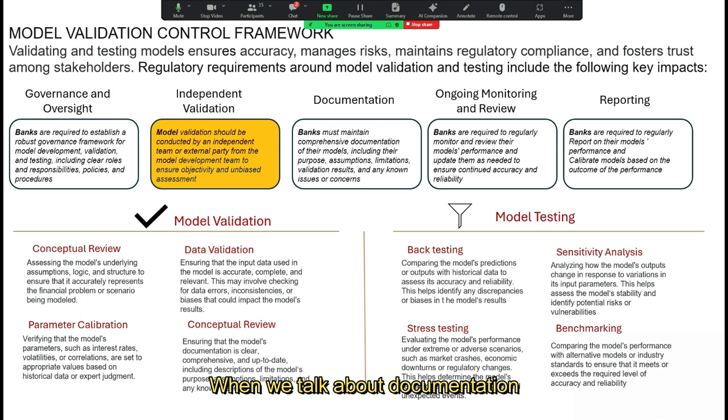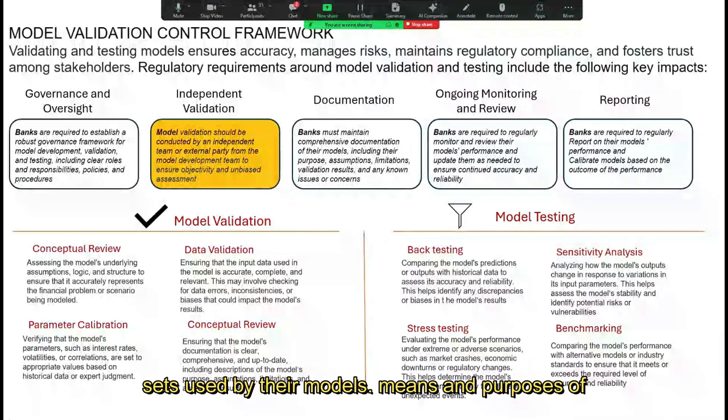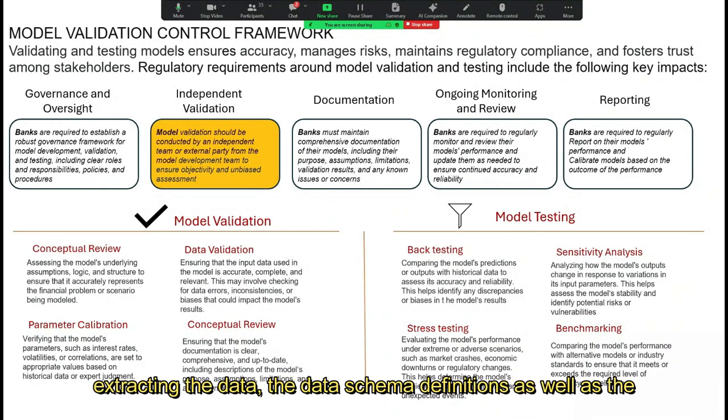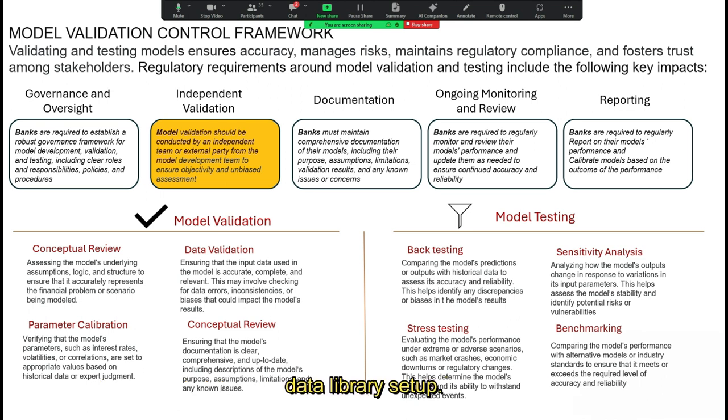When we talk about documentation, banks must maintain comprehensive documentation of their models, and of the data sets used by their models, including the means and purposes of extracting the data, the data schema definitions, as well as the data library setup.